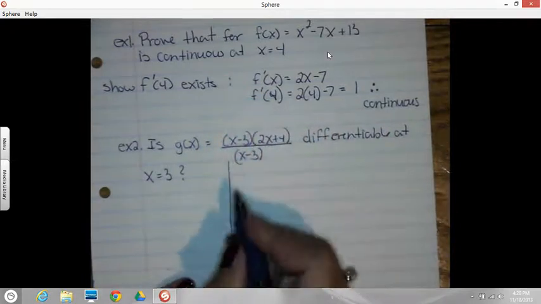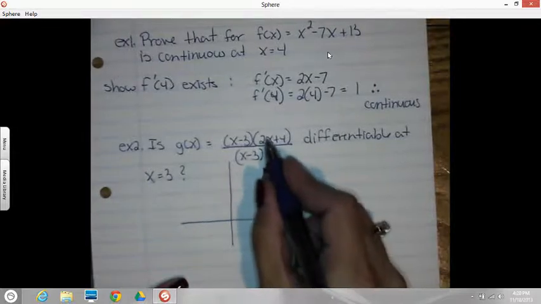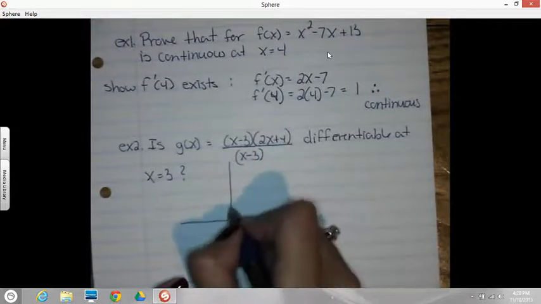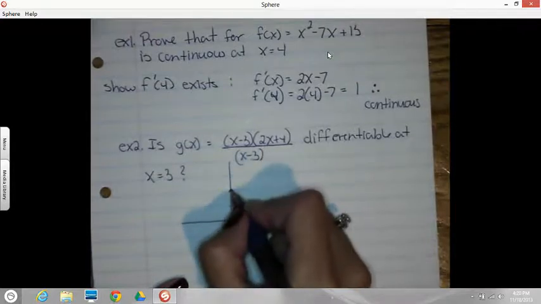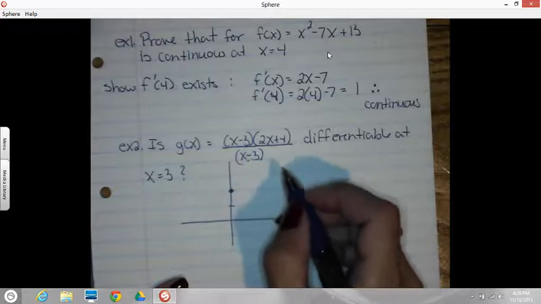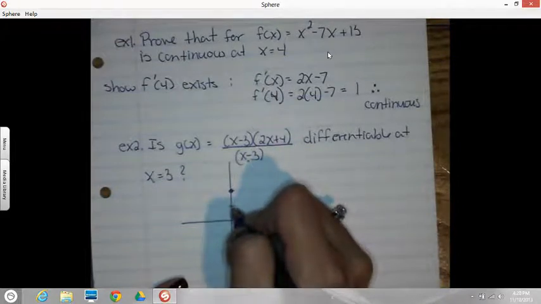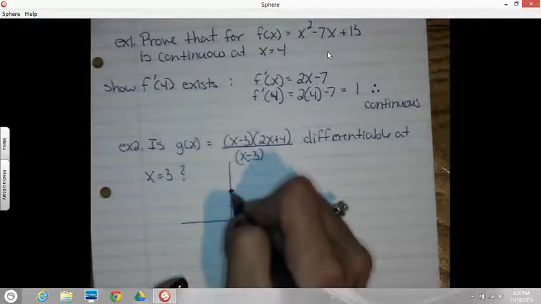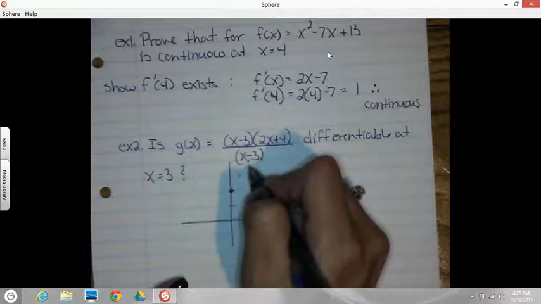So our proof of this is going to be the sketch. Let's see, I know it's a line, passes through 4. Slope is 2. And then, oh, kind of ran into my graph up there. Let's make this smaller. This is going to be our hole.